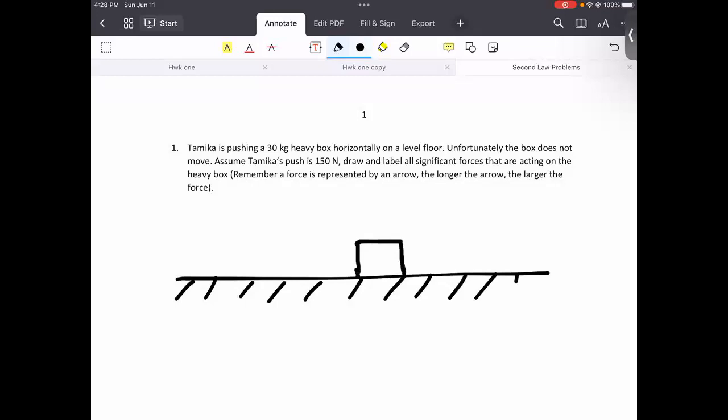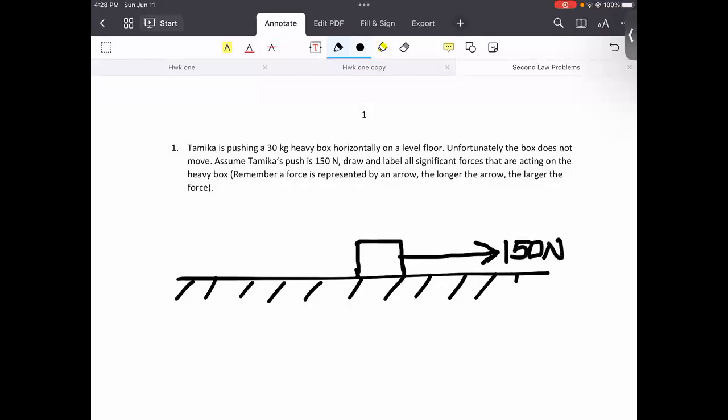And Tamika's push can be represented by, you can put it here, that's your 150 newtons force, or we can put it somewhere here. So let me put it here. So pushing with a force of 150 newtons. So right here, label 150 newtons.